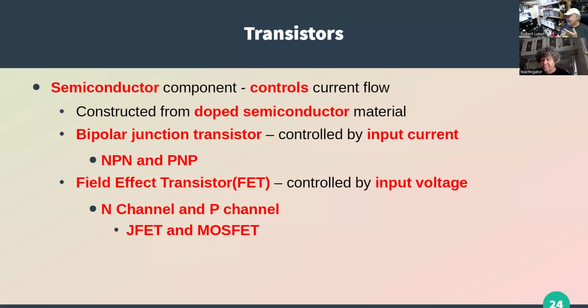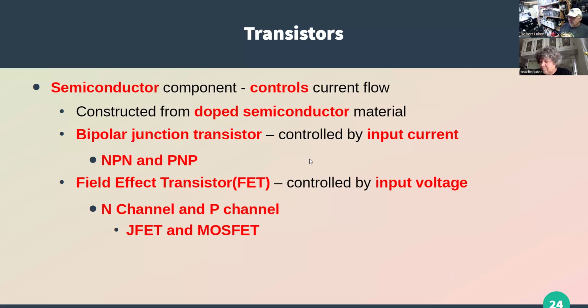The emitter is like the cathode on your diode. The collector is like the anode on the diode, but we now have this thing in the middle we call a base, and that's what we use to control the amount of current through it. If we were to supply a negative current or a negative voltage to the base, it wouldn't conduct if it was an NPN. It's just the opposite if it was a PNP.